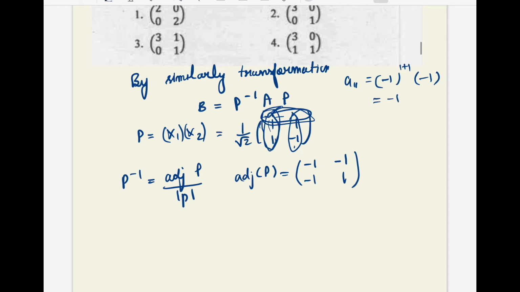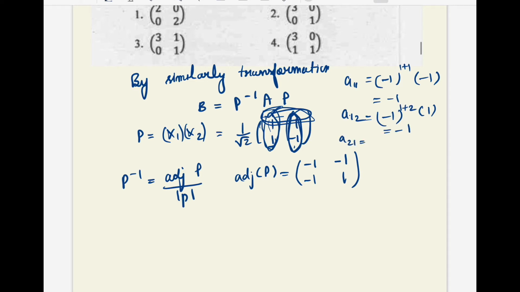That's why it is minus 1. A12 is close first row and second column, that is this one. What we'll get is 1 is the number, and minus 1 to the power 1 plus 2, which is minus 1, okay.